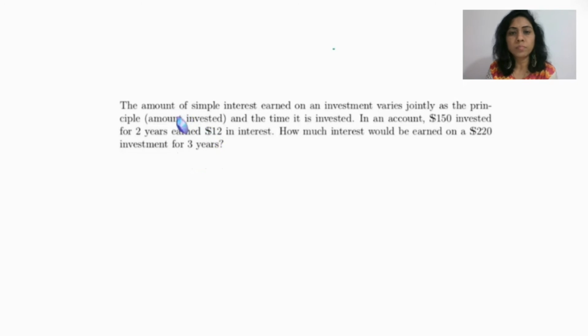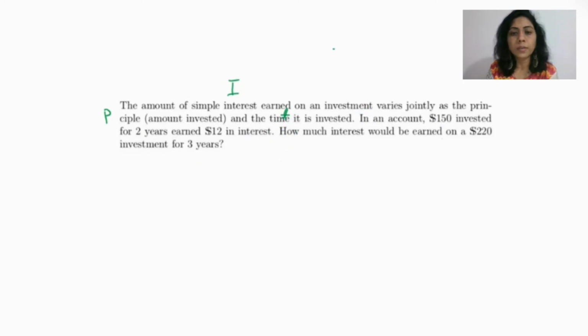So here, what is it saying? Varies jointly, right? The amount of simple interest earned. Simple interest we can write I, and varies jointly as the principal, it means P, and time T. Okay.